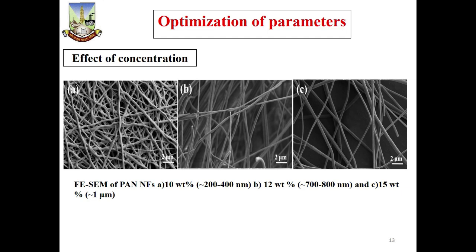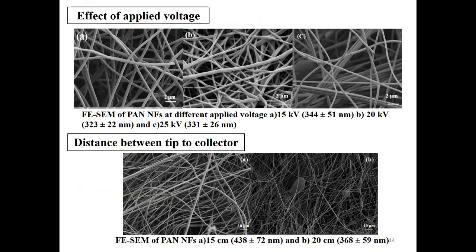When concentration is 12 weight%, the fibers are drawn in between 700 to 800 nanometer. At 15 weight%, 1 micron size. From this study, it has been observed that at minimum concentration level, the size of the nanofibers is smaller, and 10 weight% is found to be the best concentration for drawing of the fiber, with a fiber size of 200 to 400 nanometer.